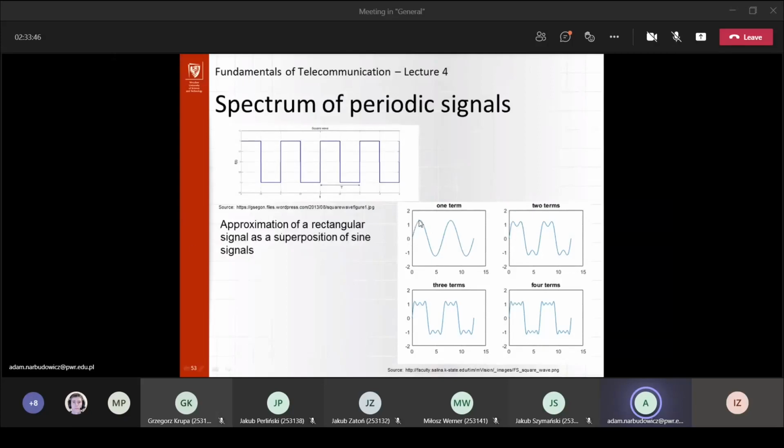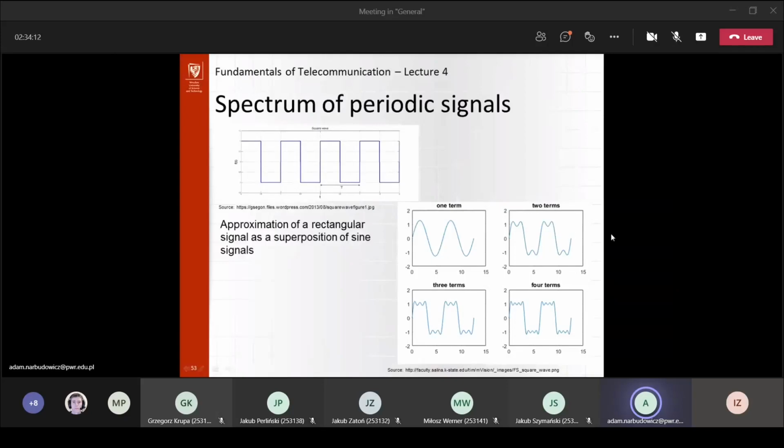Right. So, here in the first approach, we just have one sine function, a simple sine function. Then we add two, right? And we can see that with two sine functions of two different frequencies, it starts resembling more the rectangle that we're having here. It's not perfect, but we slowly see that it's getting there.